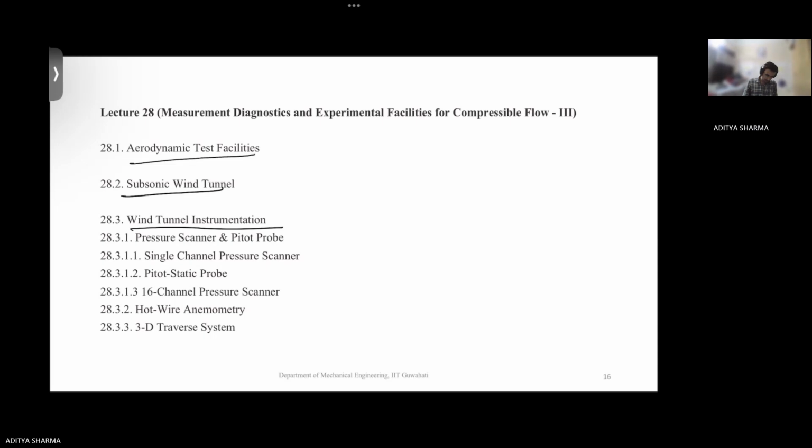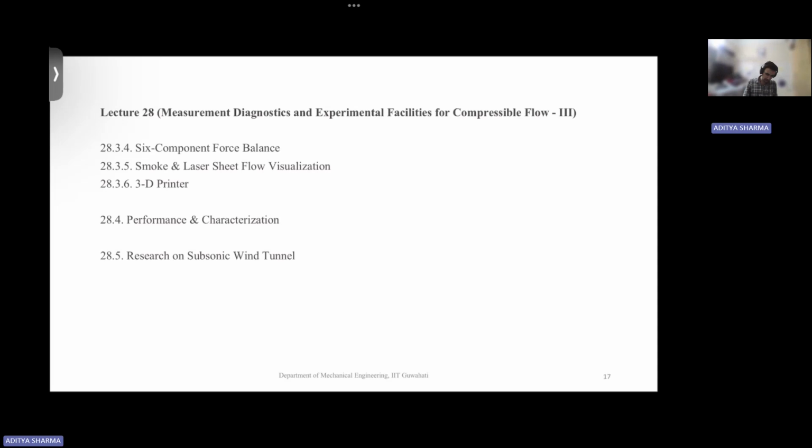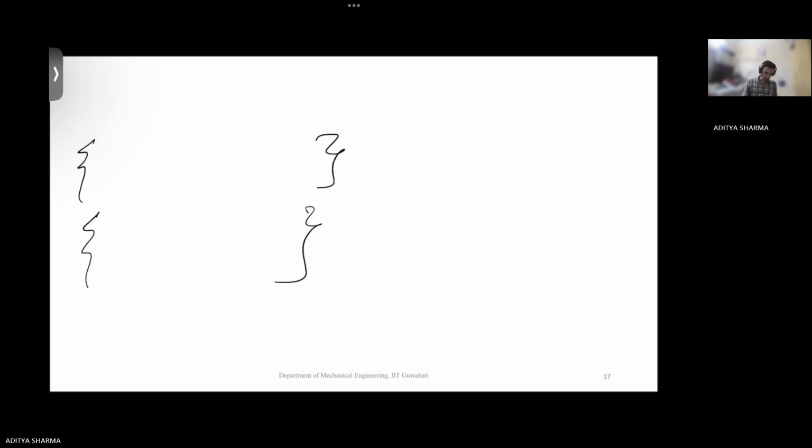So this is from the previous heading. So in this week's content, subsonic experimental facilities have been discussed.